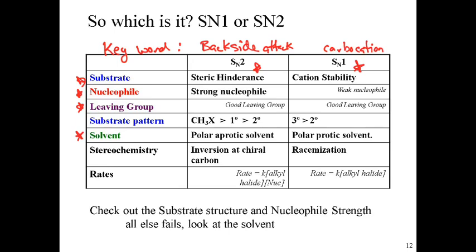Okay? I don't really care about the nucleophile in an SN1. Why do I not care about the nucleophile in the SN1? So we go all the way down to the rate law. And I look at my rate law. Do I see nucleophile in the rate? Nope. So I don't care about the nucleophile strength because it literally has no effect on the rate.